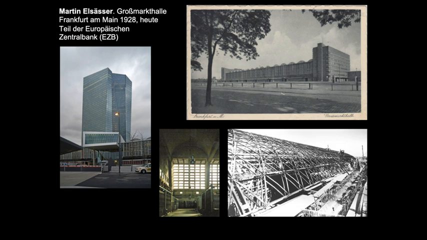So it was a real breakthrough, a new kind of architecture and a new kind of space. You can see this hall became very famous, and now it is, so to speak, the basis of the building for the European Central Bank, built by Coop Himmelblau a few years ago.